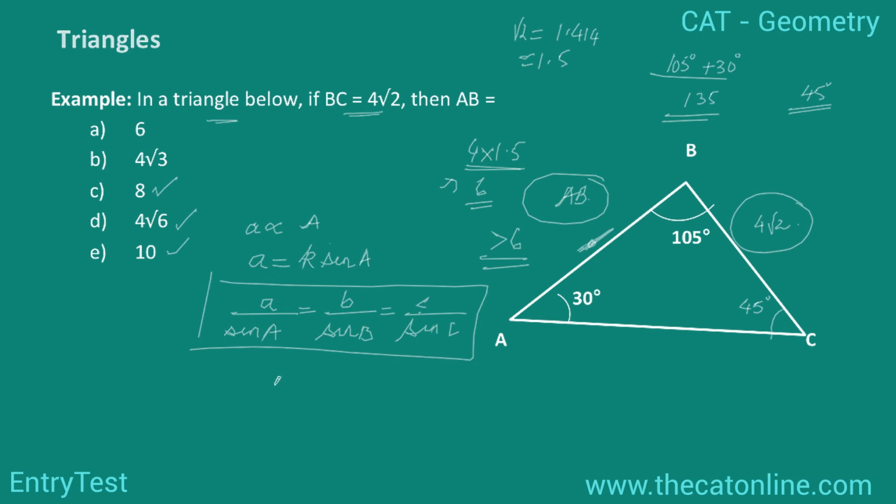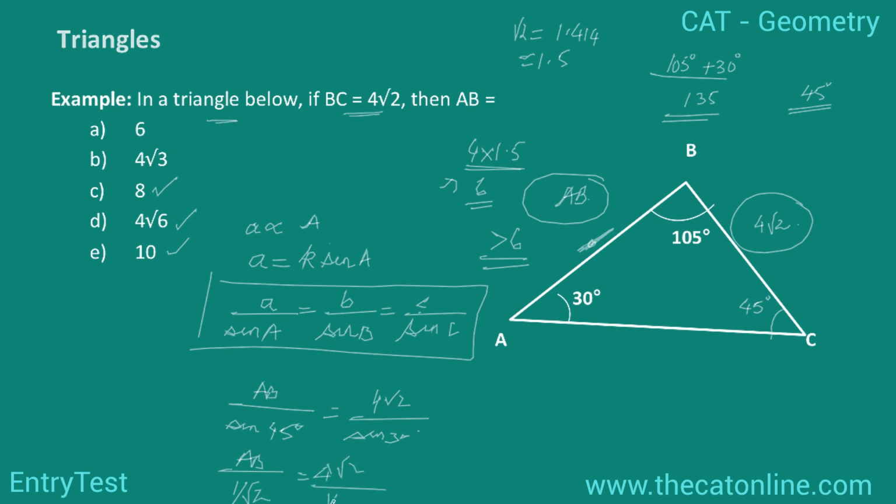So if I use it here, I need to find AB, and the sine of the angle will be sine of 45 degrees. And I know this length is 4 root 2, and it will be sine of 30. So you need to know the values of sine 45 and sine 30. Sine 45 is 1 by root 2, and this is 4 root 2.